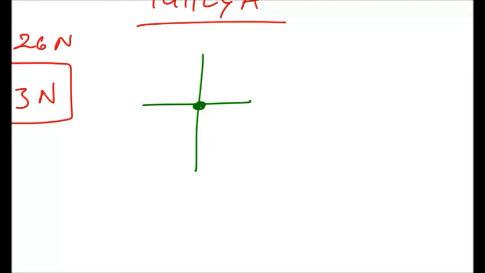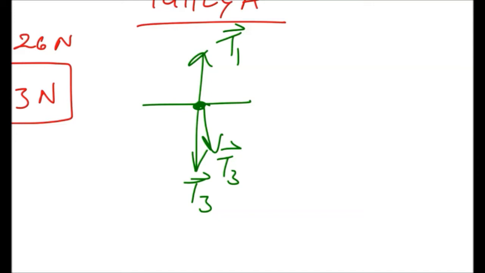So now you can talk to me about what's happening to pulley A here. Somebody tell me one of the forces acting on it, please. Isaac? Oh, very good. T1 upward. Somebody else? Mark? Okay. How many T3s going down? 2 of them. Okay. And then that last one? F, and what do we know about F?